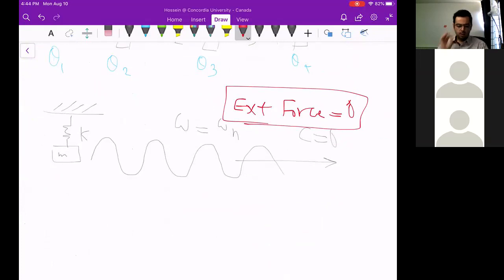Holzer says that only the natural frequency can satisfy this equation. Only the natural frequency causes vibration without any external force. So these two statements are the same.